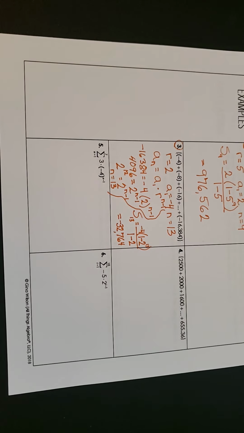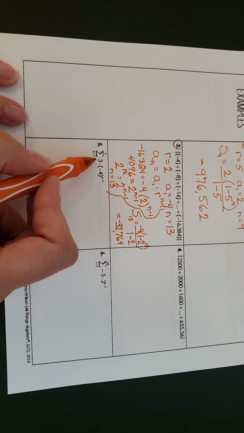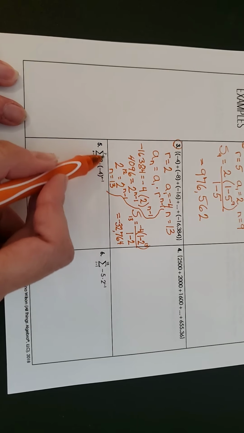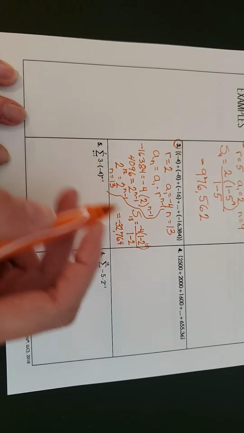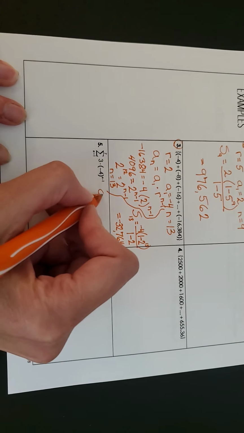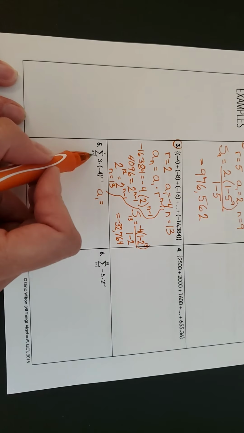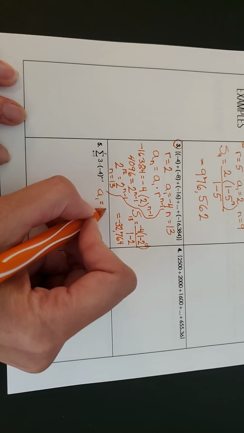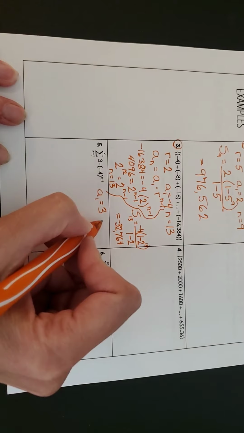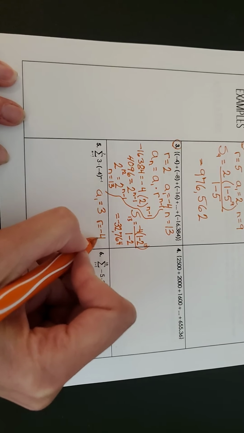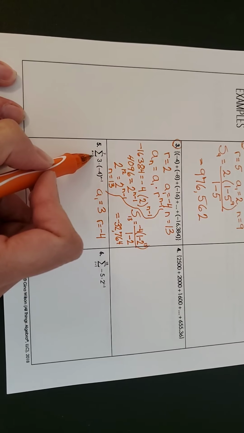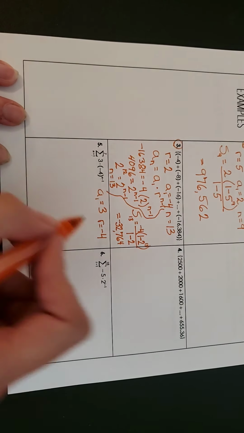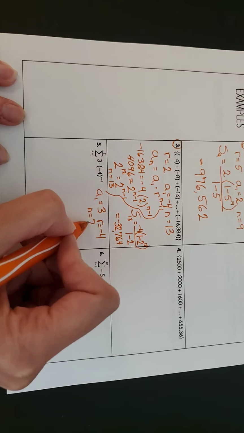All right. Now let's take a look at number 5 with our sigma notation here. Can we do the same thing? This is the explicit formula of this form here. So I can see that a sub 1 would be, if I plugged in my 1, it's going to be 3. My ratio is that base of -4. And how many terms am I adding? I'm going from 1 to 7. So there are 7 terms.